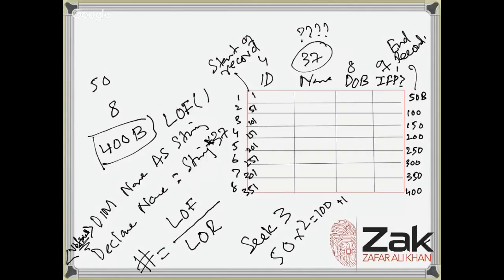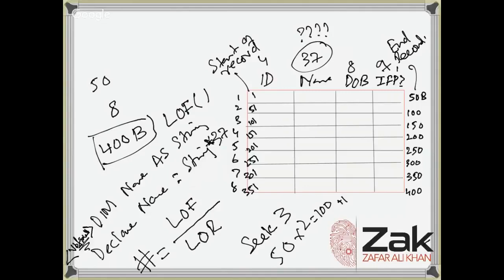So reaching a record is easy. We know the length of record. If I want to seek record number 3, I'll multiply the length by the record number which is one less. If I want to reach record 6, I'll be multiplying 5 by 50, 250 plus 1, I'm at record 6. Second advantage.